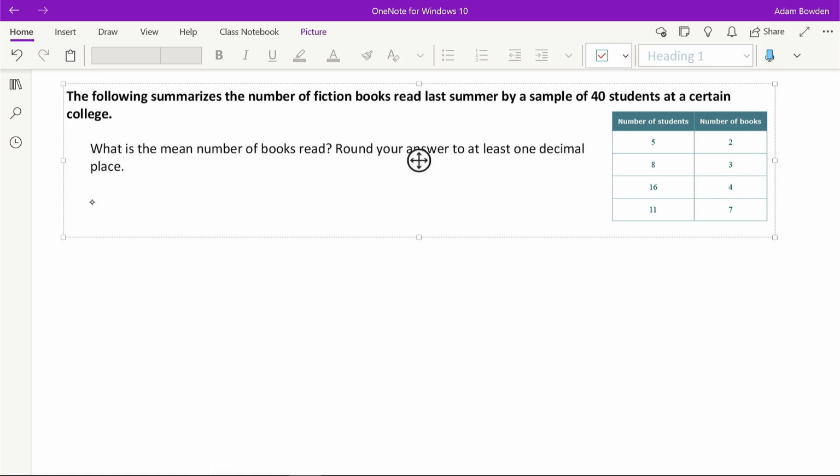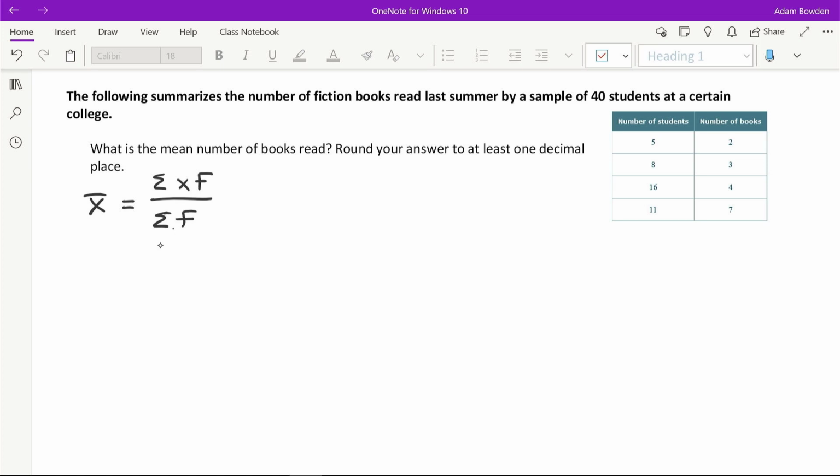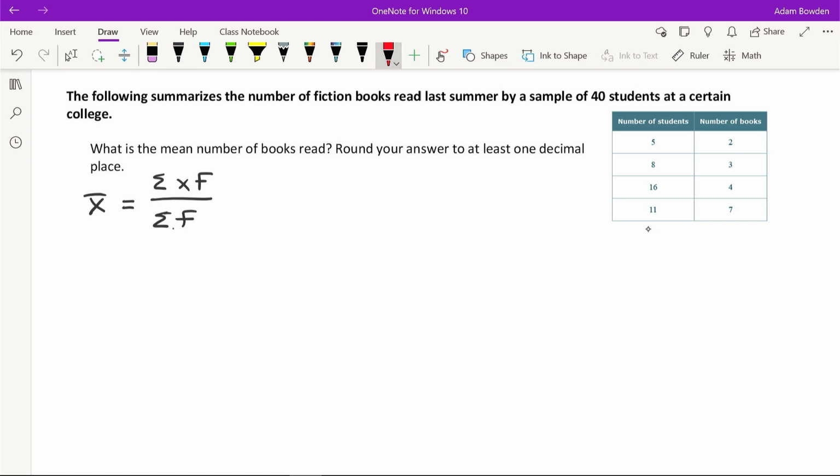So to do the mean of a frequency table, we have to use the idea of taking the sum of each value times the frequency divided by the sum of all the frequencies. Here written as sigma x times f divided by sigma f. X is going to again refer to the numbers in the first column and the second column being the frequencies.